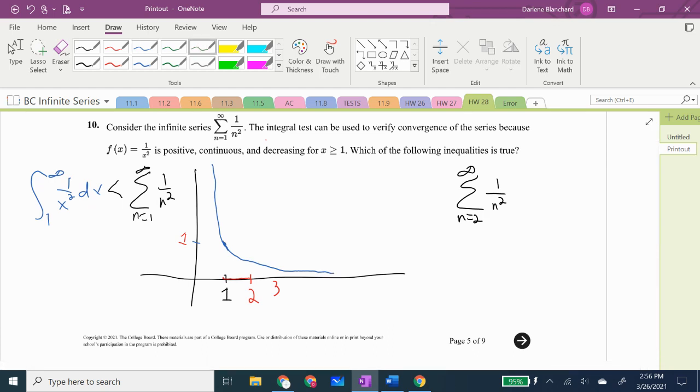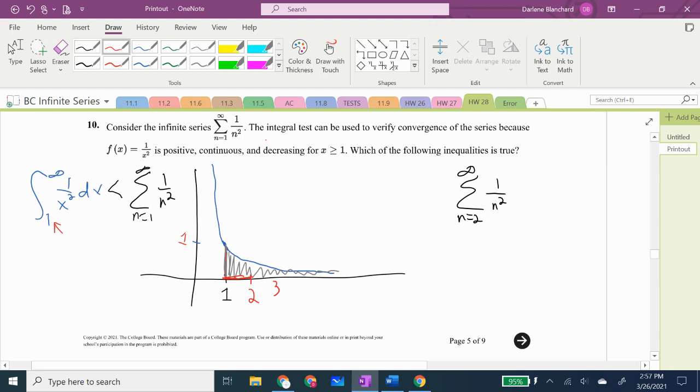This time I think I'll use gray, and maybe that will let the red take over. So again, the integral from 1 to infinity is all of this. But in order to really compare sigma and the integral and write an inequality, I have to have the area be looking directly at x equals 1 because my integral is beginning at 1.